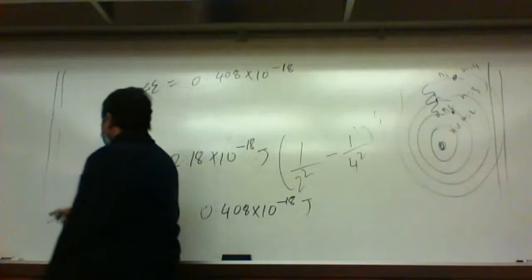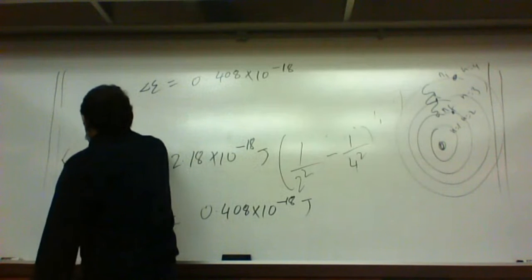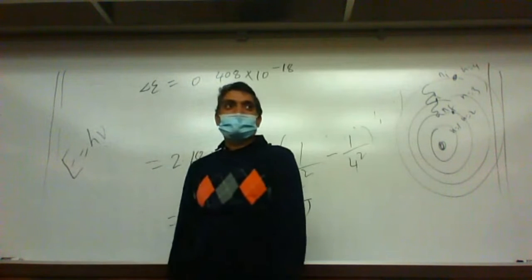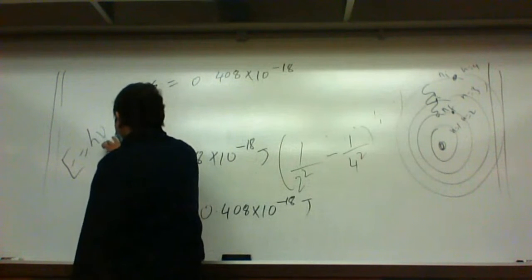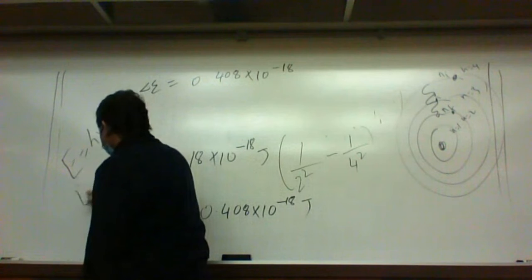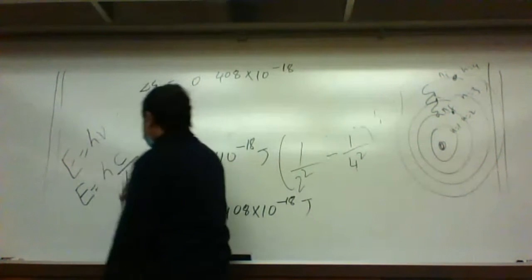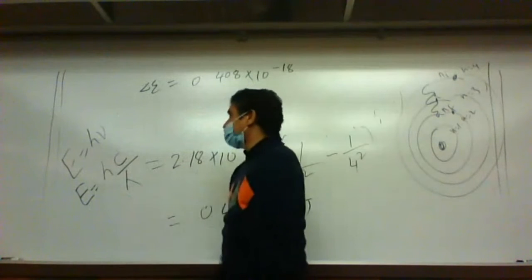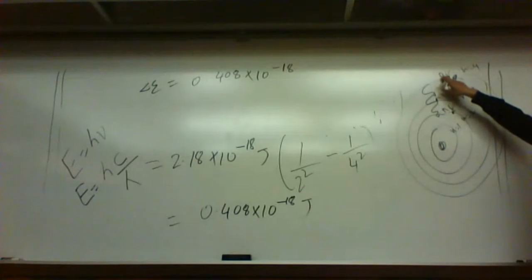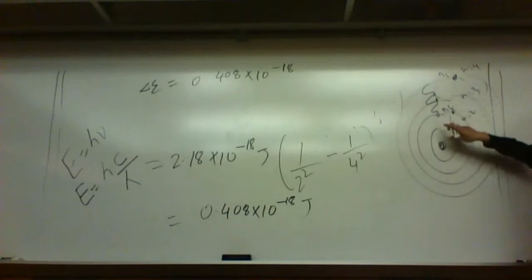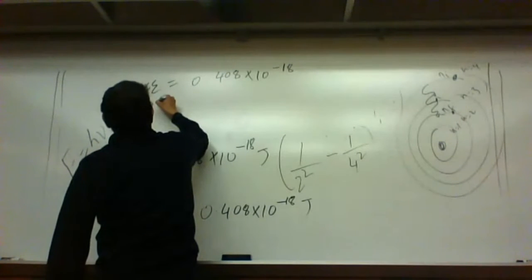Now look back to your notes. We were doing this: energy is equal to h nu, right? The Planck's constant multiplied by the frequency. If I convert nu to the wavelength and velocity of light, E would be h times c by lambda, where c is the velocity of light and lambda is the wavelength, the peak-to-peak distance of the radiation when the electron jumps from 4 to 2.